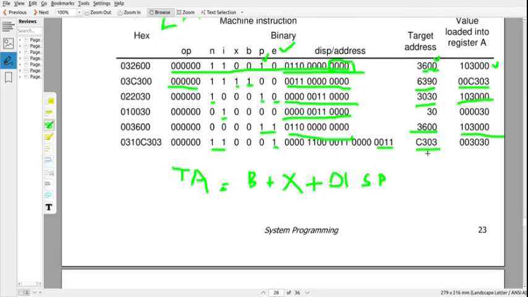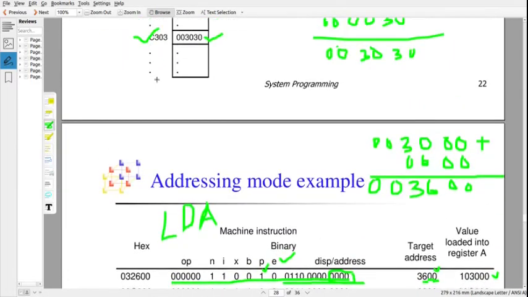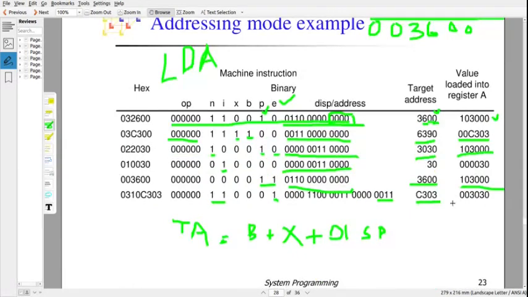Then what is present in that C303, this is the value, so that is loaded into the accumulator. So these are a few sets of instructions, and which addressing mode each instruction belongs to and how the target address is calculated based on the addressing mode is explained in this table.